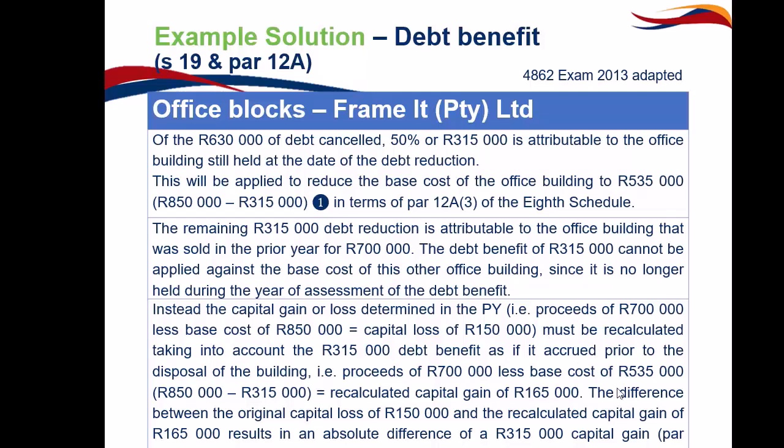So you're going to end up with the base cost of 535,000. So you're going to say proceeds of 700,000 less base cost of 535,000. We get to a gain of 165,000. What are we going to do with that gain?